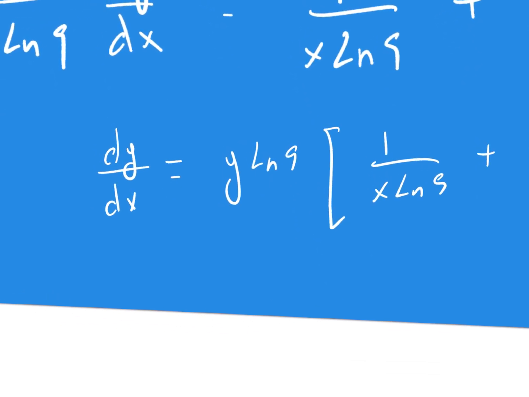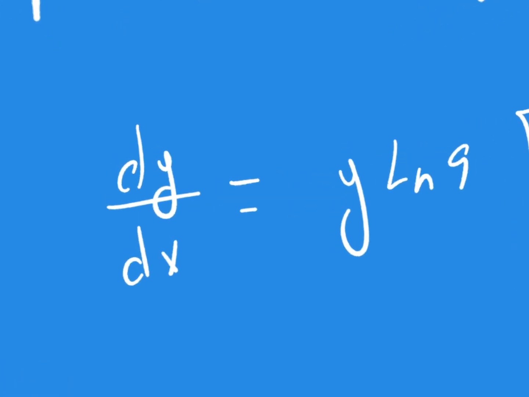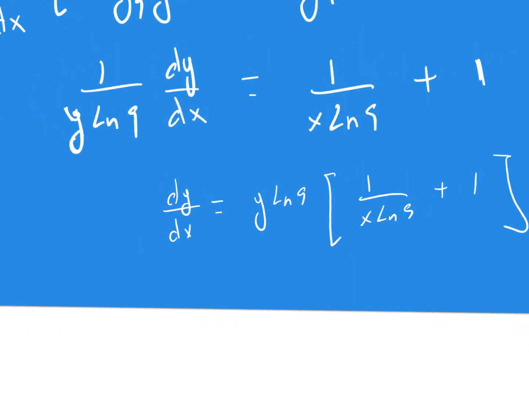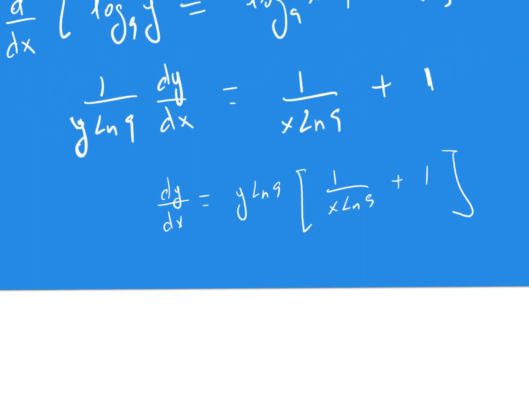So the derivative of y with respect to x will be y, which is x multiplied by 9 to the x, times the natural log of 9, multiplied by 1 divided by x times the natural log of 9, plus 1.